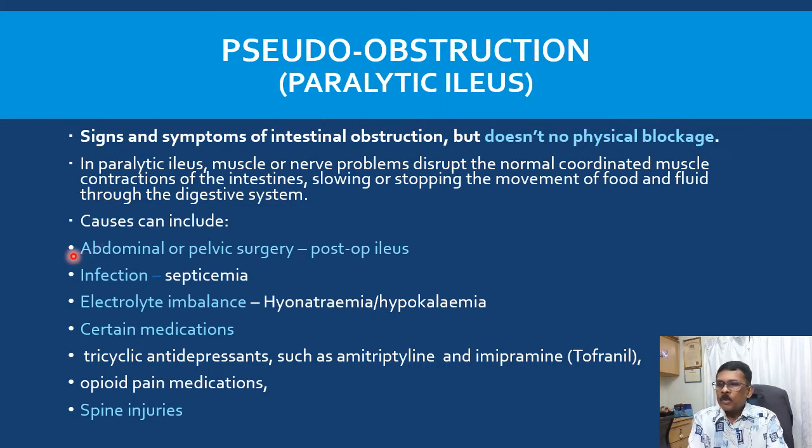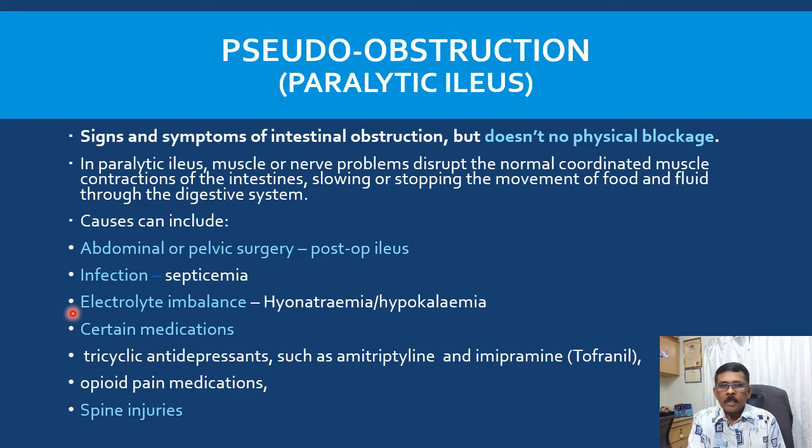The common causes will be abdominal or pelvic surgery, the so-called post-operative ileus, and it can be due to septicemia, due to infection, or electrolyte imbalance, especially sodium and potassium. Hyponatremia and hypokalemia can cause severe ileus, which may be difficult to treat sometimes.